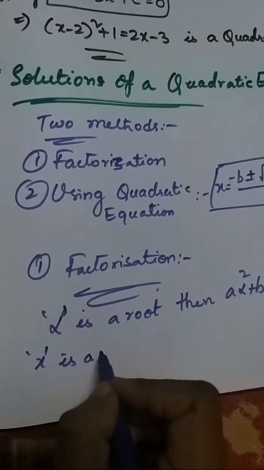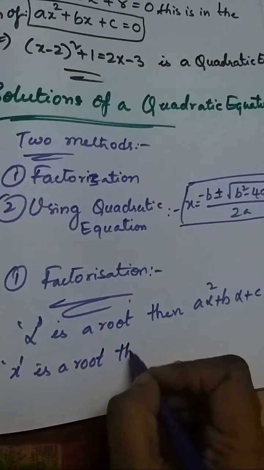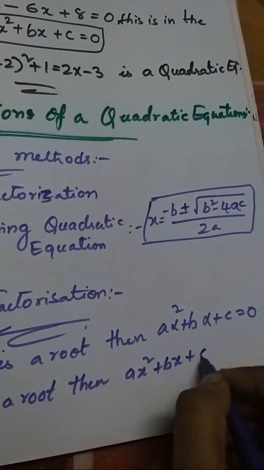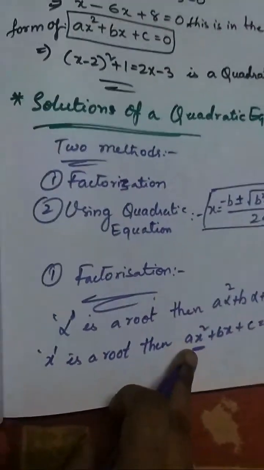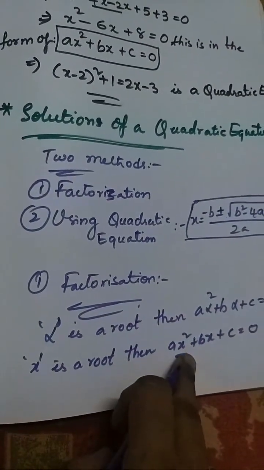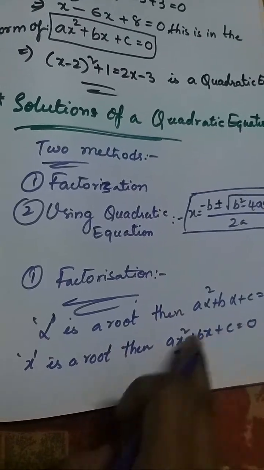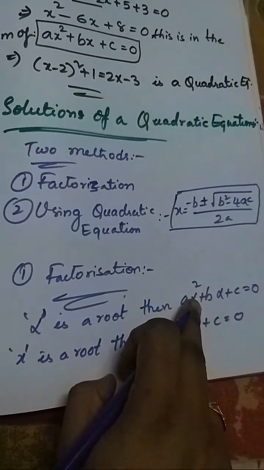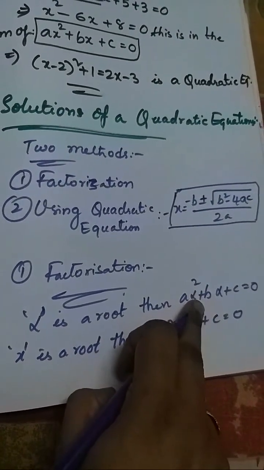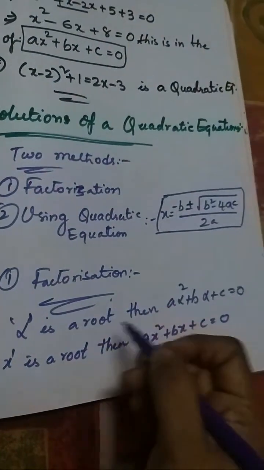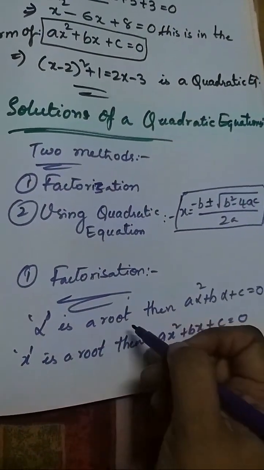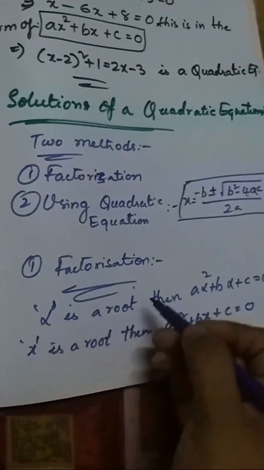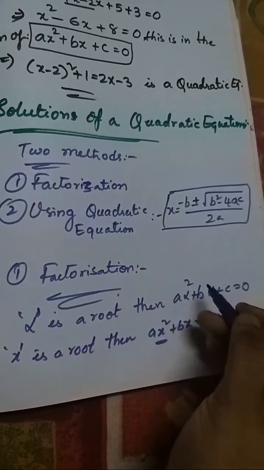If x is a root, then we write the quadratic equation as ax square plus bx plus c equal to 0. Means we find the roots of the same variable that is in the quadratic equation. Here alpha is there, so we have to find the root of this alpha. So alpha satisfies it; we also say that alpha is a root of a alpha square plus b alpha plus c equal to 0, and alpha is satisfying the quadratic equation.